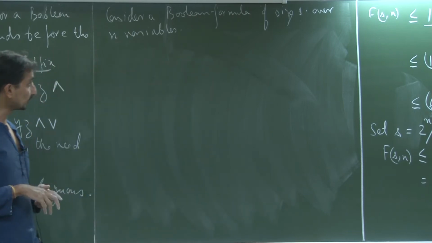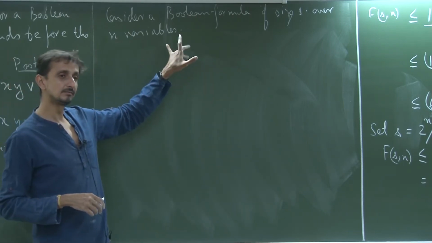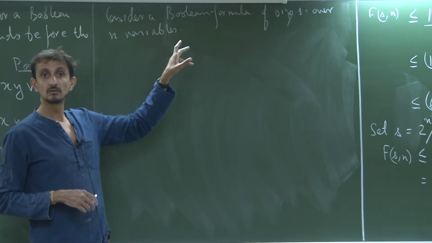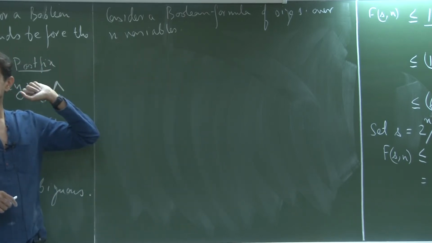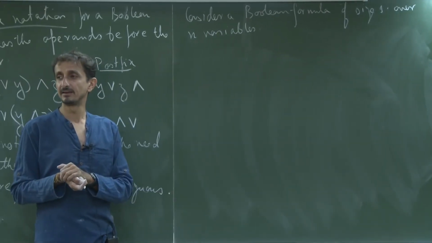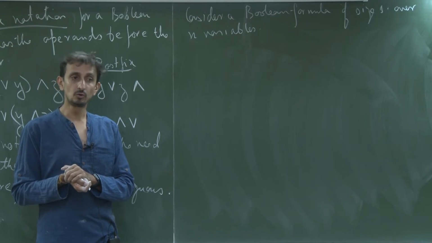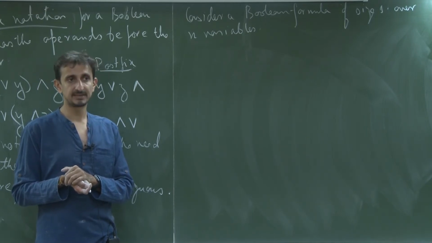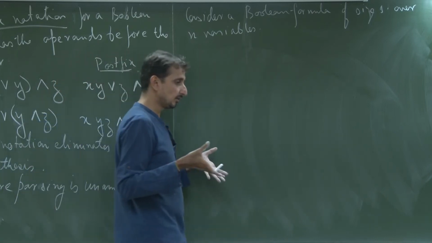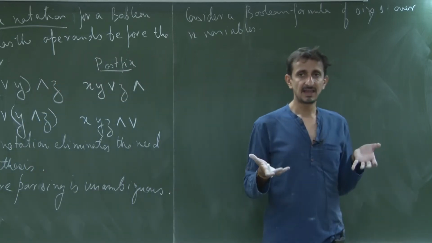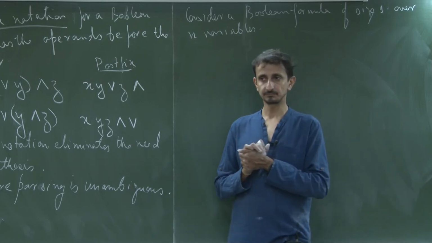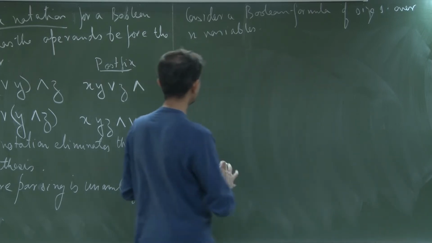Okay. So, the total number of gates would be, yes, how many? s number of gates, but what is the total number of nodes in that tree? 2s plus 1, exactly. Okay. So, any binary tree with s internal nodes has a total of 2s plus 1 nodes, correct. Okay.